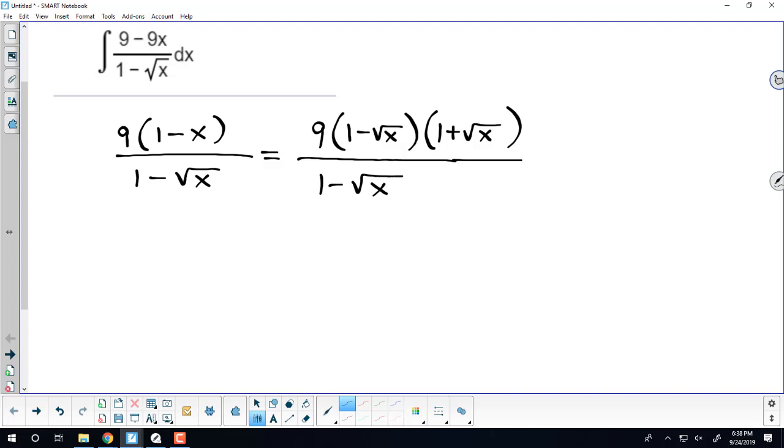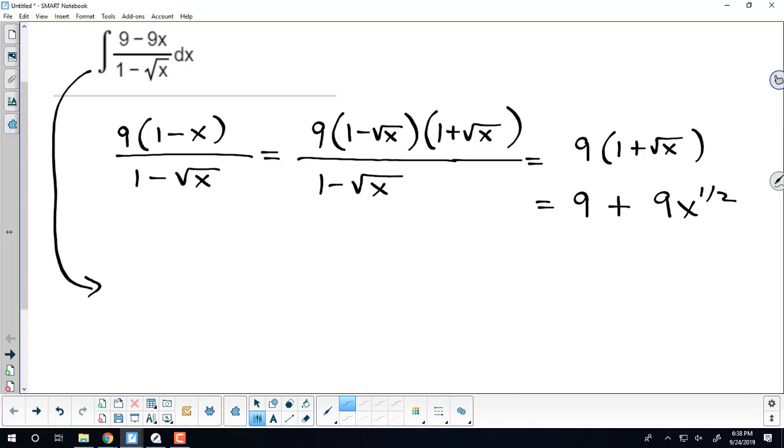So if we factor 1 minus x into (1 minus root x)(1 plus root x), then we have that thing canceling out, and we just have 9 times (1 plus root x). Or 9 plus 9x to the 1/2.